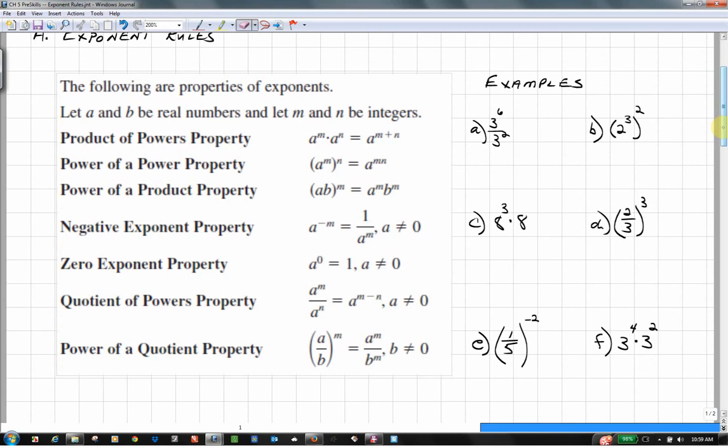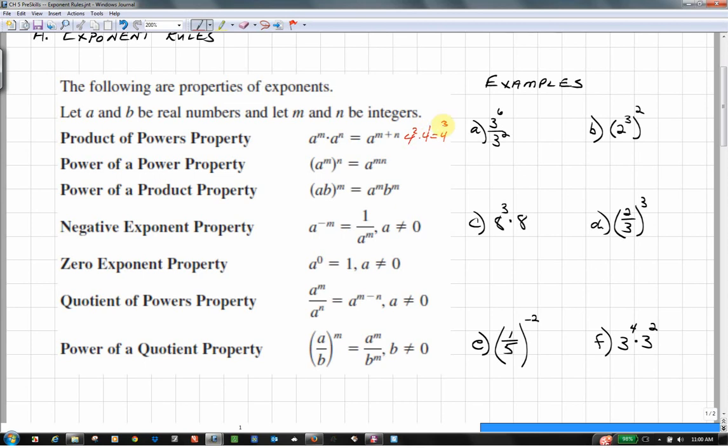As we have the product of powers property, that's when I have anything that has the same base and I have exponents on it, I simply add the exponents. That would be a case like, let's use 4s. 4 squared times 4 to the 1 is 4 cubed.